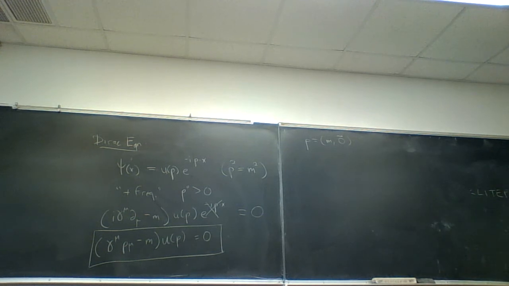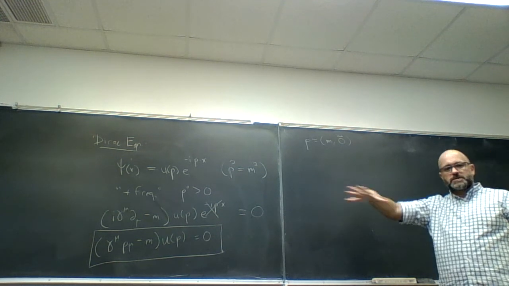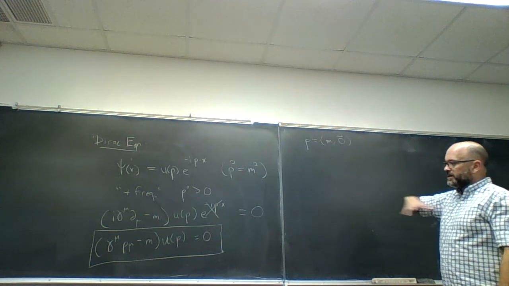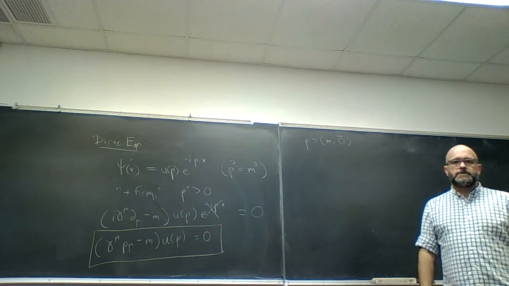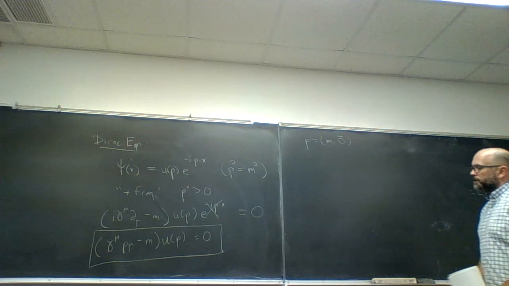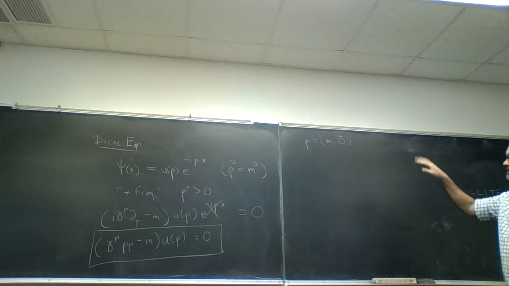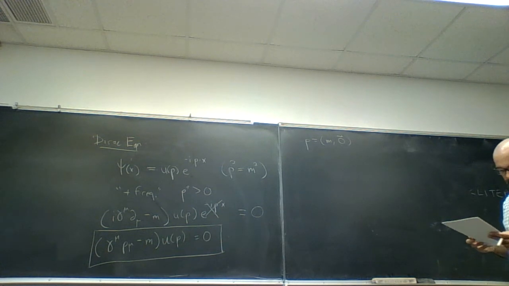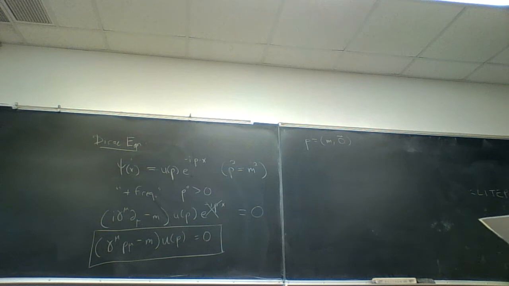And the reason you can do that is because once we solve it in the rest frame, then we can use our boost, our Lorentz transformations, to boost to any frame that we want. Okay, we're using the Lorentz invariance of the Dirac equation, the fact that we can solve this in the rest frame and then boost to any frame we want. Okay, so let me do that.